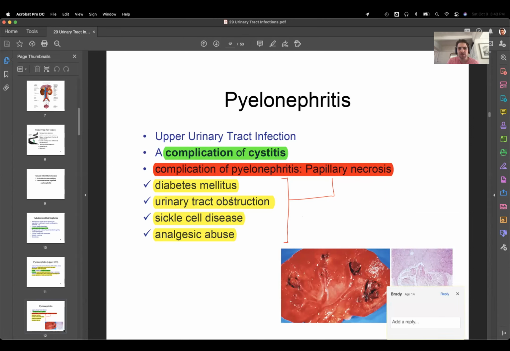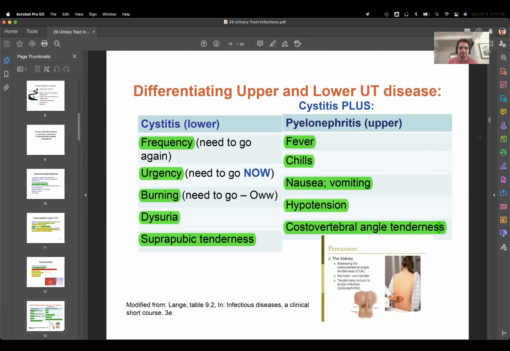And you can see that here, some other complications of papillary necrosis. If they talk about diabetes, urinary tract problems, sickle cell disease is another one, and prolonged NSAID use as well. A lot of times they'll give you this. The one they like is they'll say somebody recently had a back problem. They've been taking some sort of NSAID, ibuprofen every 6 hours for 2 months. They ended up with papillary necrosis. Okay, so be aware of that.